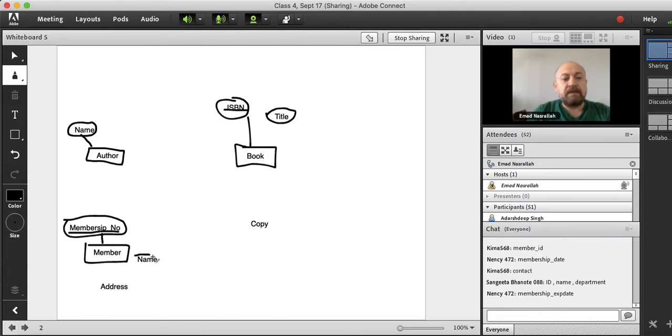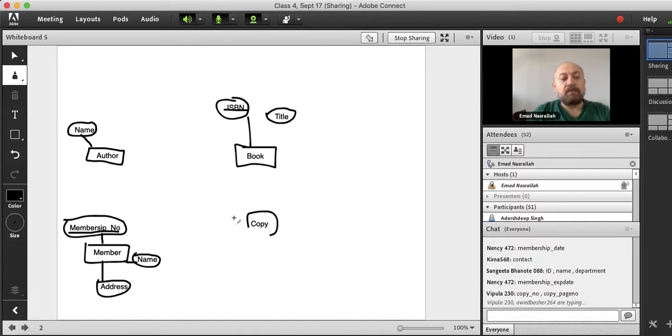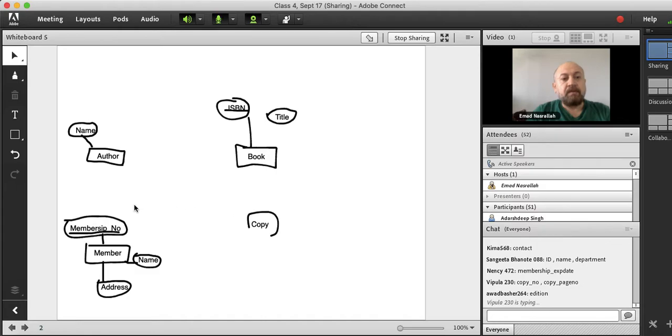ID and other information for the member. Now the copy of the book. Oh, sorry. The copy is an entity.